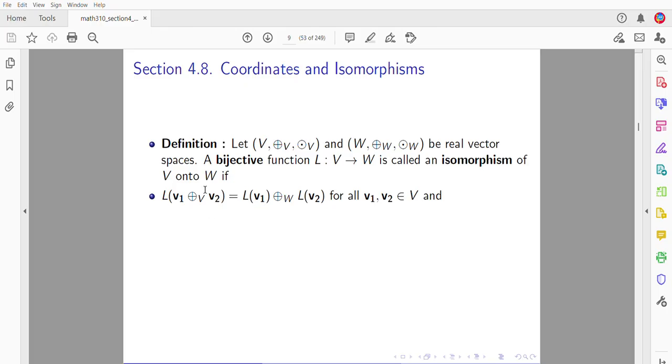you take two vectors v1 and v2, L of v1 ⊕ v2 is L of v1 ⊕ L of v2.